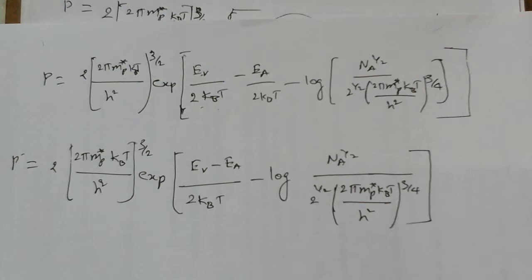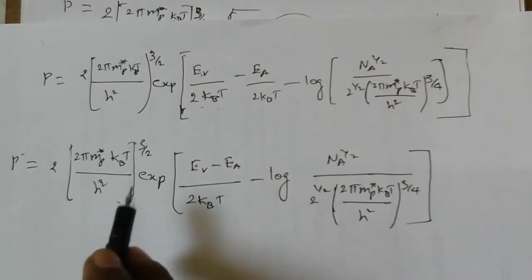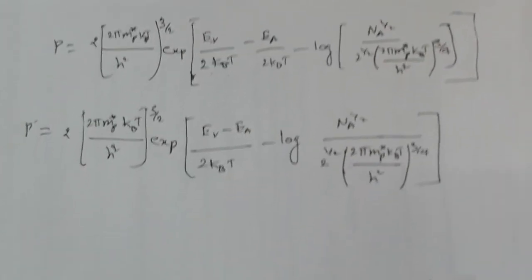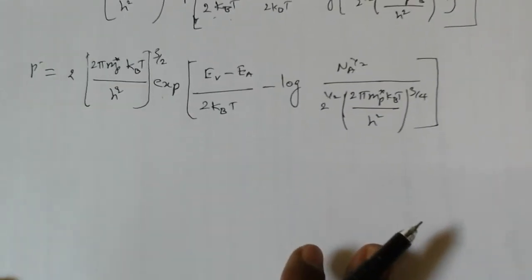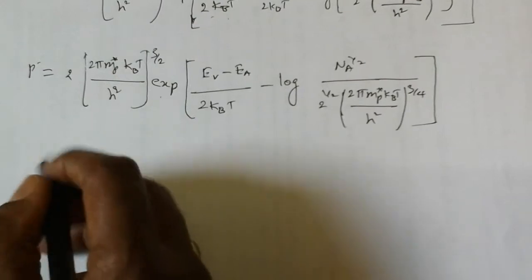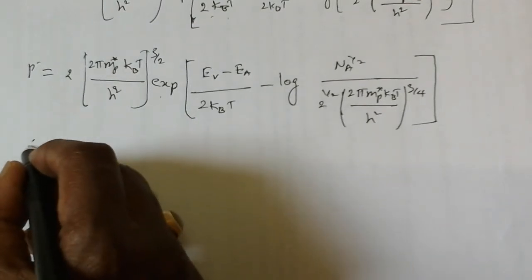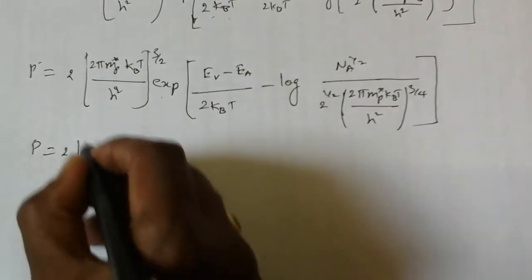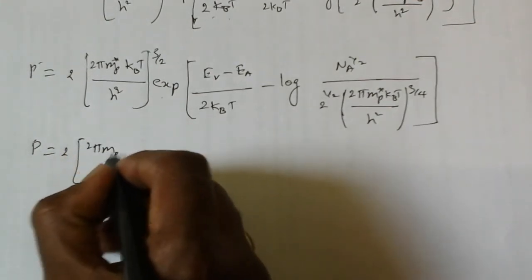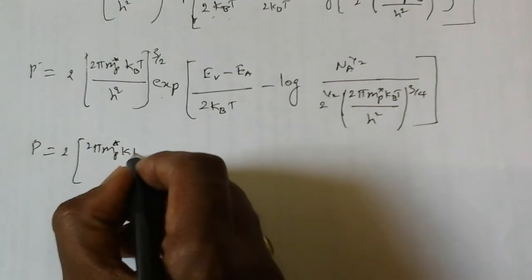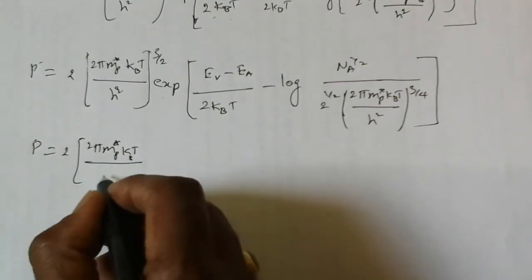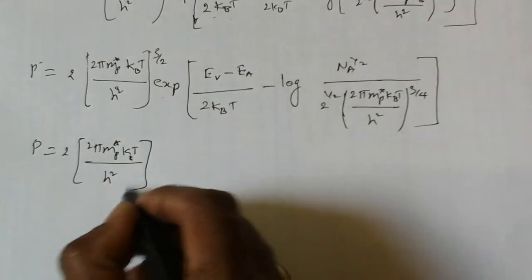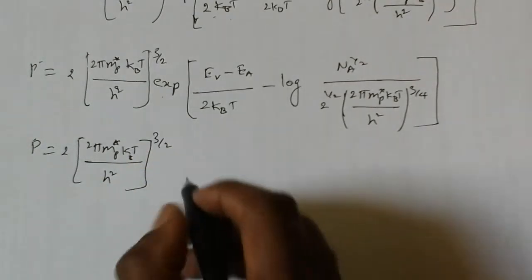What we are doing here is a small modification. This exponential we have to send into the bracket. Then we are getting like this: P is equal to 2 into 2 pi m_p star k_B T by h square, whole power 3 by 2.